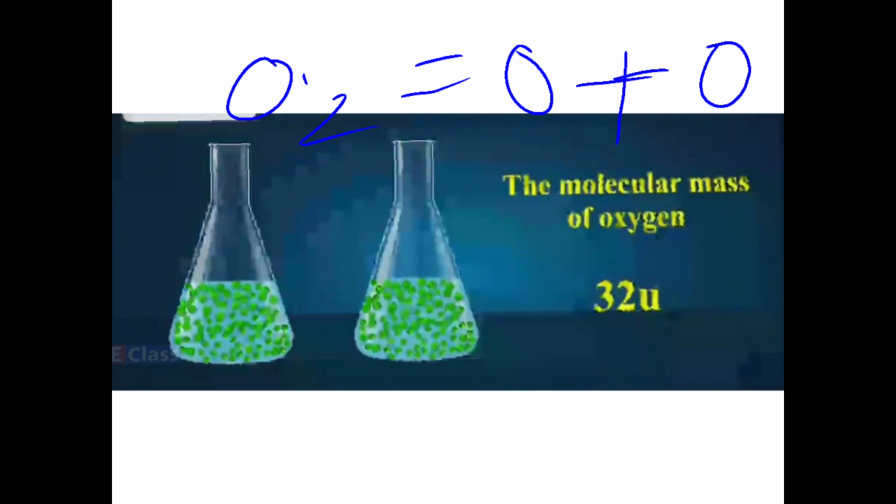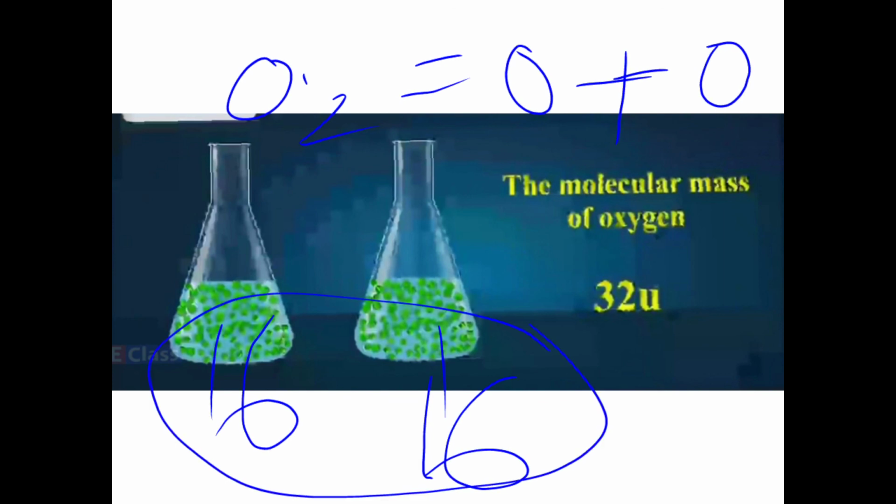So one oxygen atomic mass is 16, another also has 16. So when they form the molecule, 16 plus 16, 32 Dalton is the mass of oxygen, right?